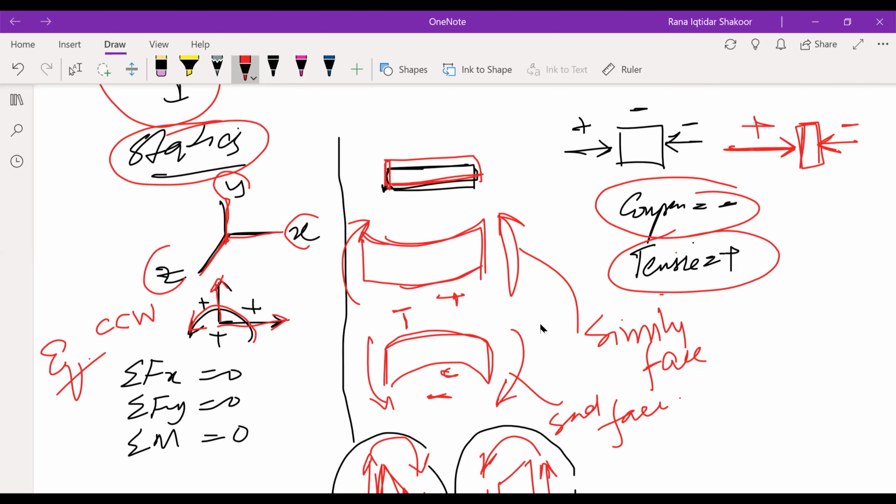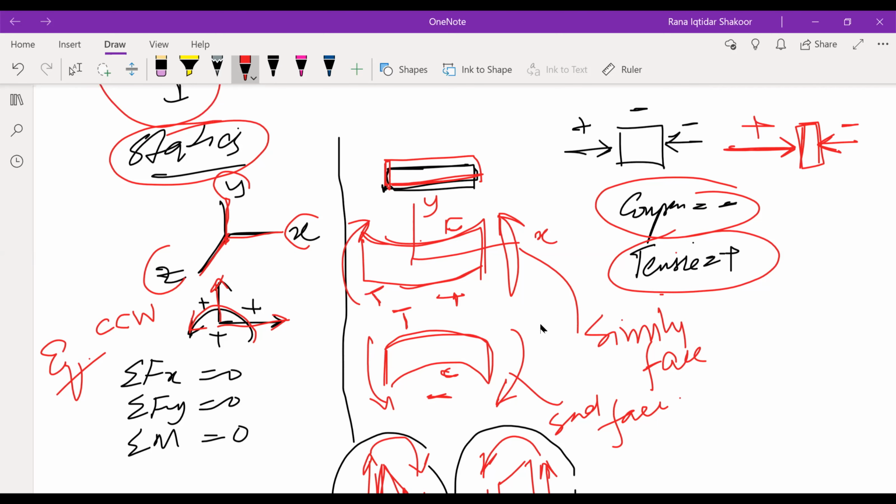This is what we already know from chapter 4. This is positive because it is in the positive y direction. This is x, this is y. Since it is about the positive y axis, it is a positive force. So positive bending: the inner surface is basically under compression and the outer surface is basically under tension. Right? So if you look at the moment, one is statically positive, one is statically negative, right?